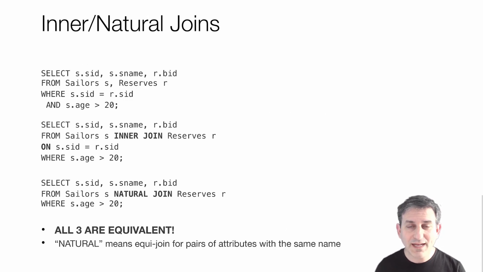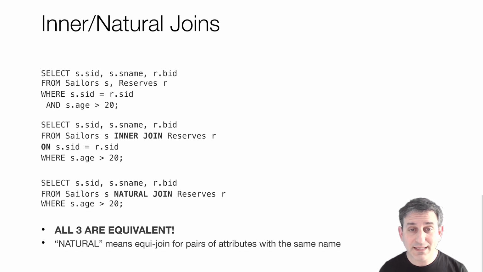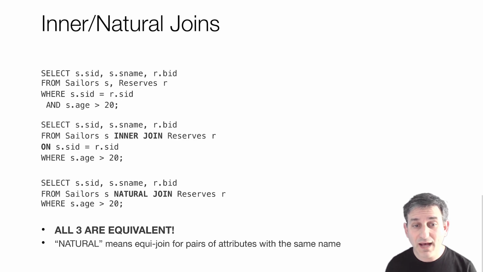For inner and natural joins, it's basically the same semantics we've had up to now for regular joins. So here we see at the top, the first of these three queries is our sailors reserves join, where we're joining on s.sid equals r.sid and s.age greater than 20. The second version of the query is the inner join version, where we say from sailors s inner join reserves r on s.sid equals r.sid, where s.age is greater than 20.